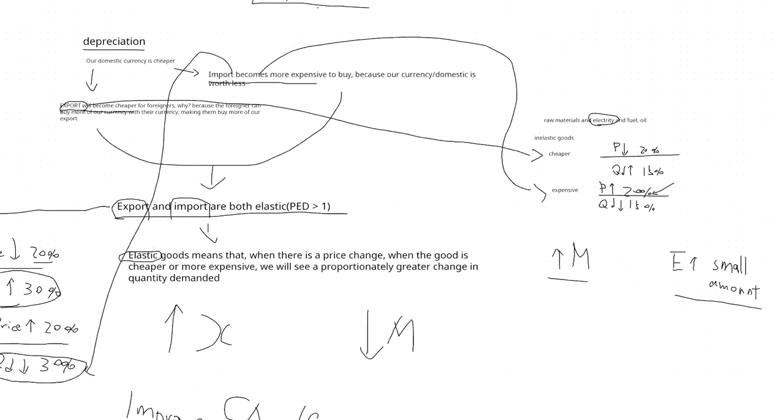So when export only increases by a small amount and import increases by so much, we'll have a worsened CA deficit. Remember, current account is what? Import, export, right? When we have a lot more import and only a little bit of export, we'll still have a CA deficit. Okay?